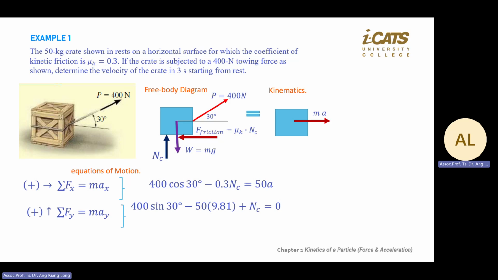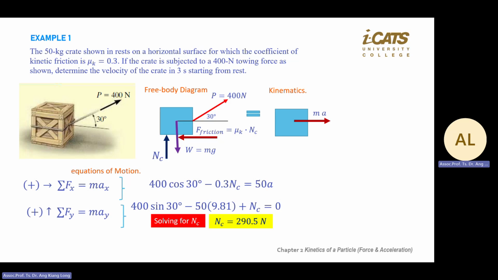Draw diagram, force diagram or free body diagram and kinematic diagram. Use F equal to MA equation, break into X direction, Y direction or Z direction. Solve that 3 equations or 2 equations, solve simultaneous equations, then you get the answer. That is the step for chapter 2. So I won't go through the steps of solving.